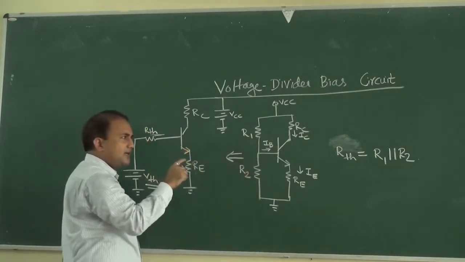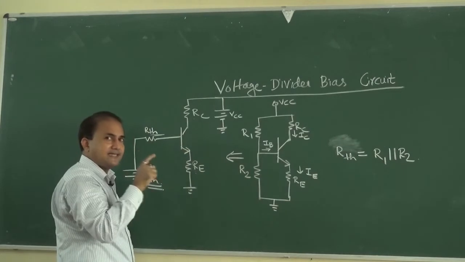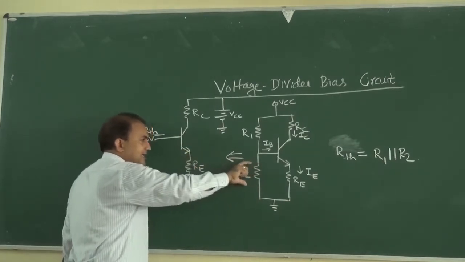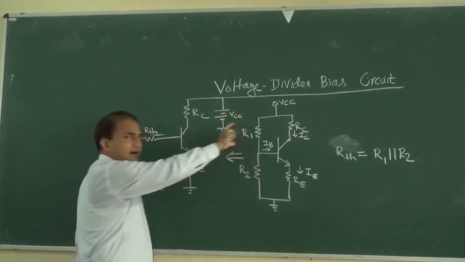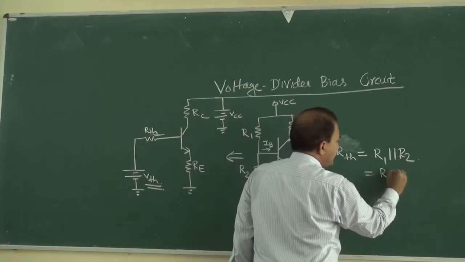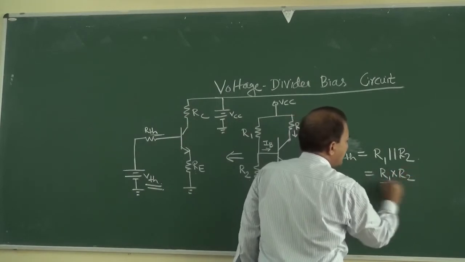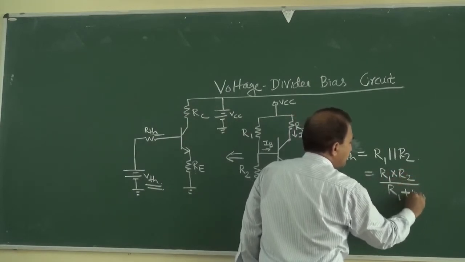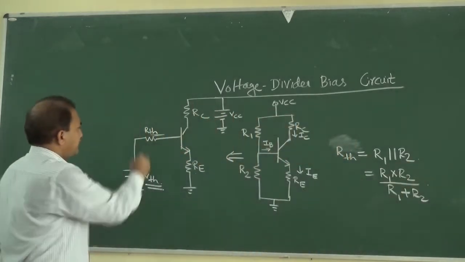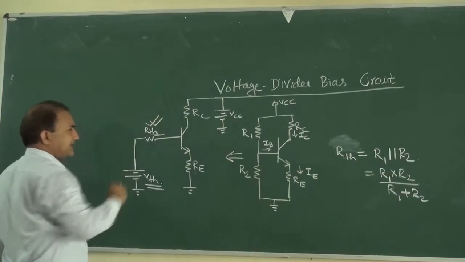In this way we can determine Thevenin's resistance. So it is equal to R1 multiplied with R2 divided by R1 plus R2. Then we have calculated RTH.